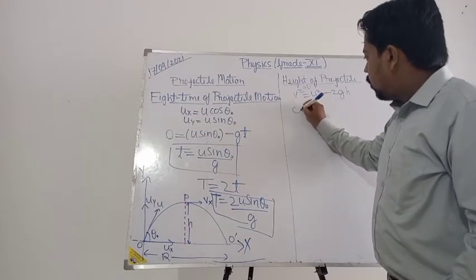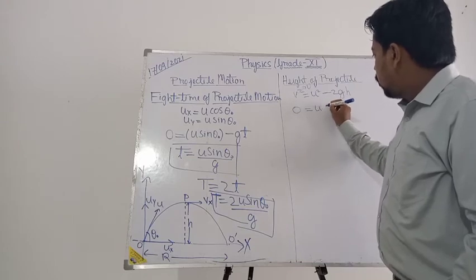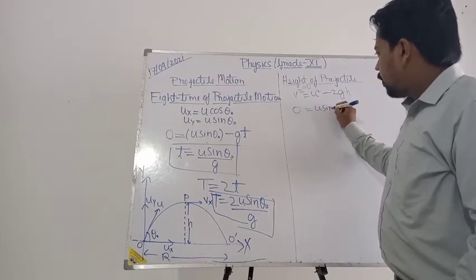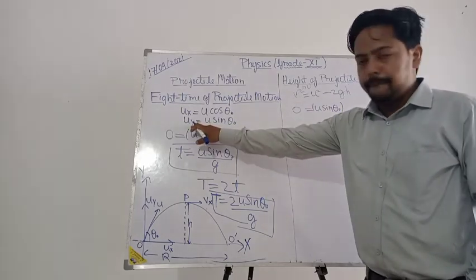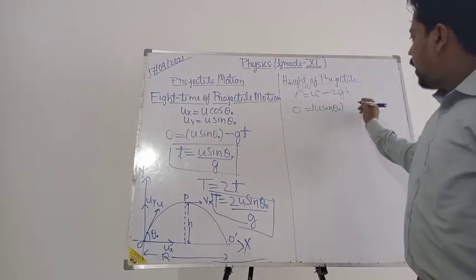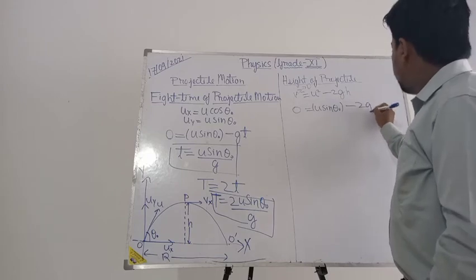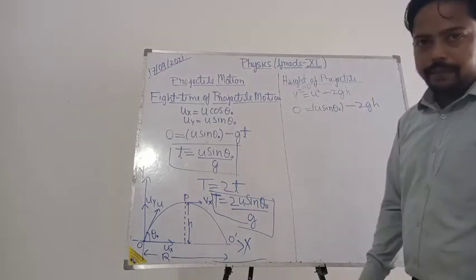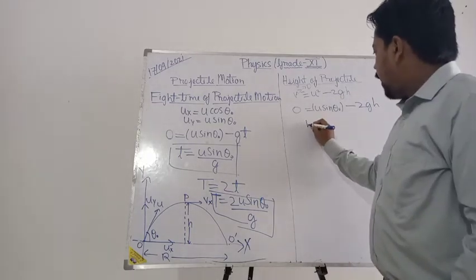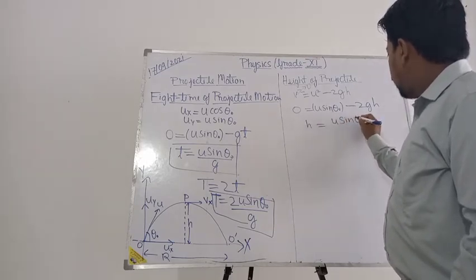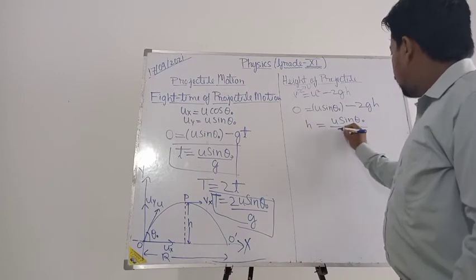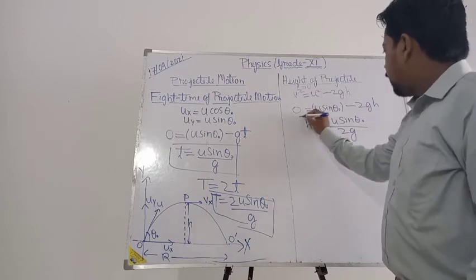We can write 0 is equal to u sin theta naught, that is the vertical component, I am using uy, squared, minus 2gh. This is what we can write. So from here h can be written as u sin theta naught, whole square, upon 2g.